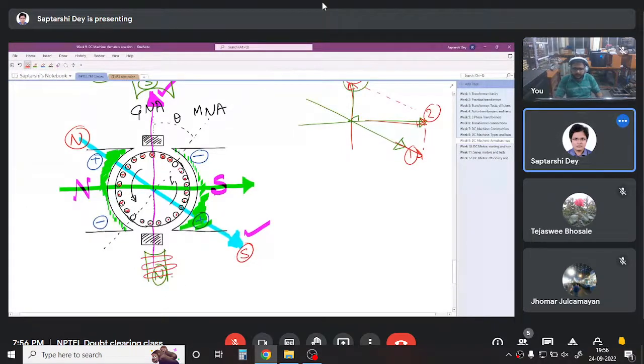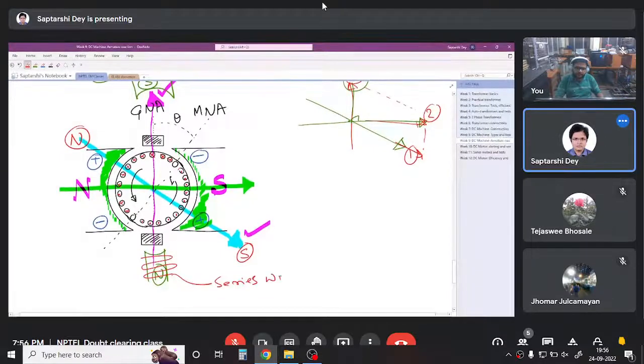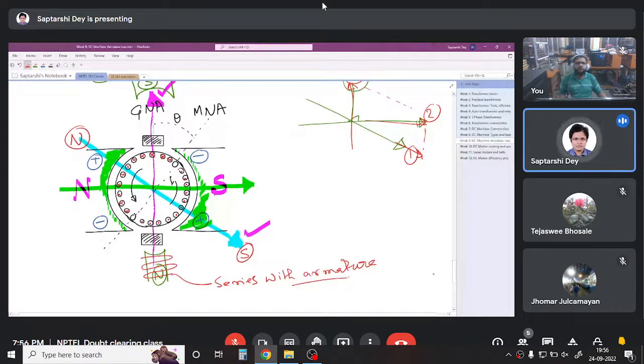This winding is in series with the armature winding. Now, if this is in series with the armature winding, my compensation is now also adjusting itself depending on the requirement.